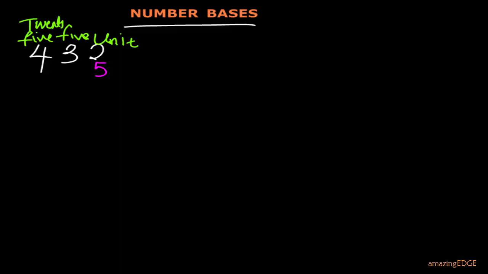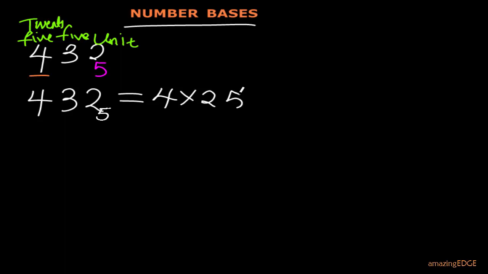Now we do the expansion in base 5. This is what we have. This unit digit, this 4, remember that 4 is under 25. So what we now have is 4 times 25. We are just following the same approach as in the case of 10, but now in 5.